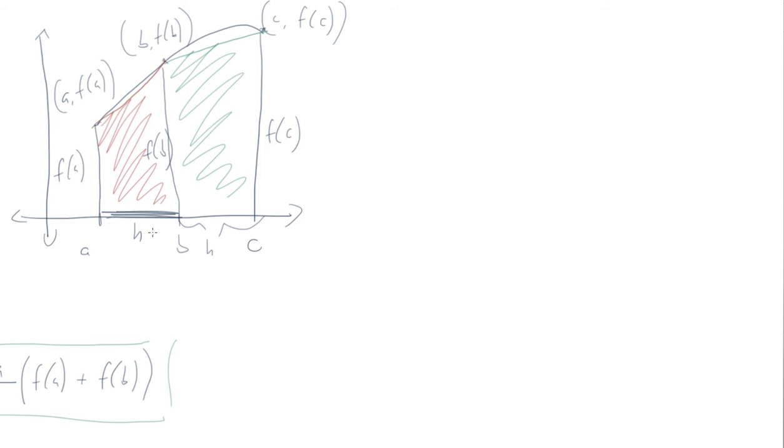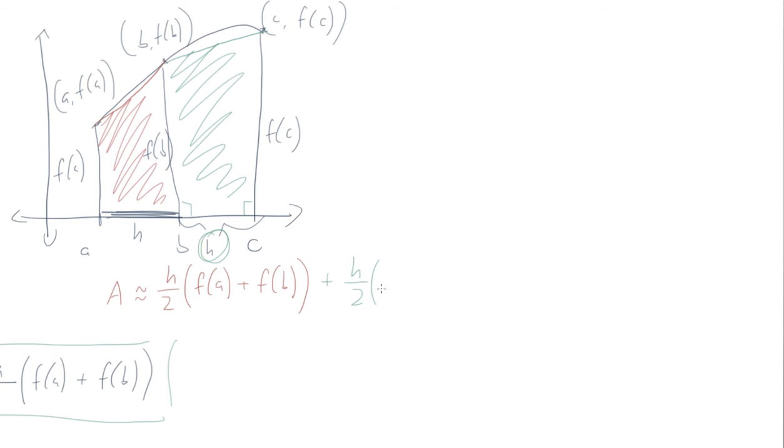So my first trapezium, getting right into it, my area under the curve is approximately equal to, well, the formula said h on 2, so it's h on 2 multiplied by the sum of the parallel sides, f of A plus f of B. And then for my green approximation, h on 2 again, the height, the distance between them, h is that distance there.